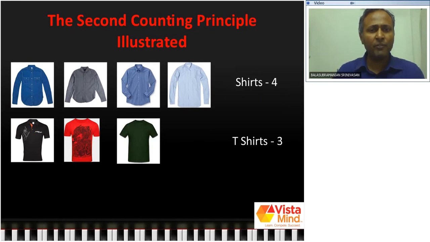On top of this, we note that there are 4 ways to follow the first course of action and 3 ways to follow the second course of action. Therefore, by the second counting principle, we may say that the total number of ways of dressing the upper body is nothing but m plus n, or 4 plus 3, that is 7.